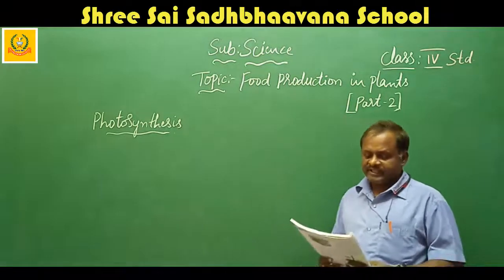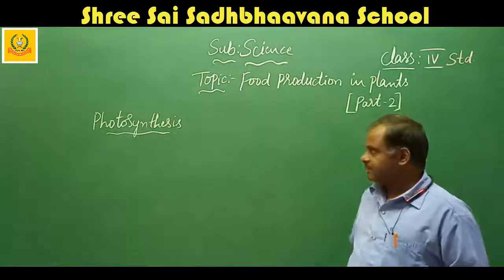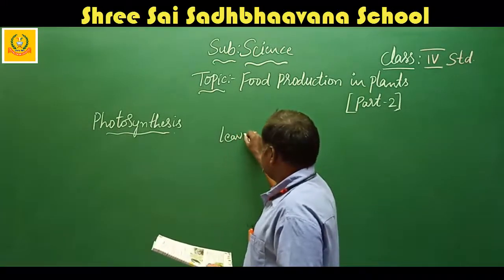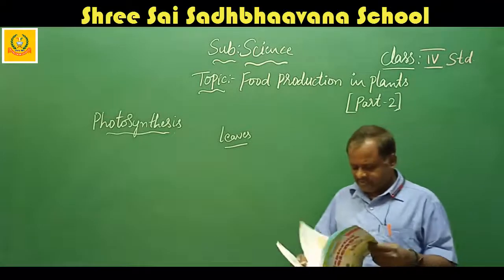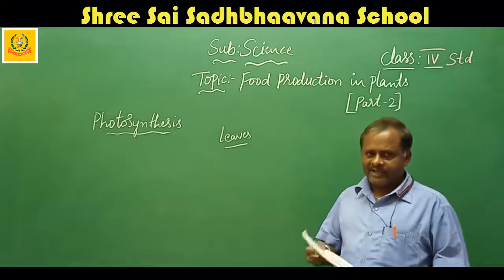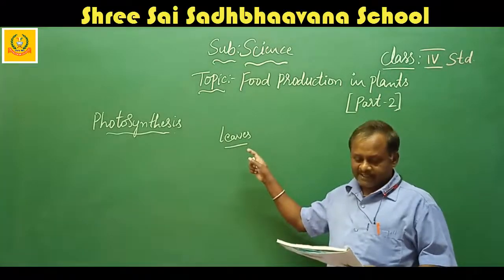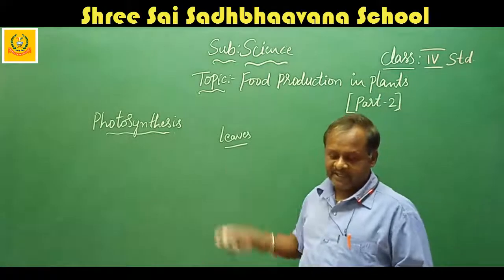Plants use the food in a number of ways for their survival and growth. You know very well, plants prepare their own food in the leaves. The leaves are called the kitchen or food factory of the plant. So what do they do with this food prepared?